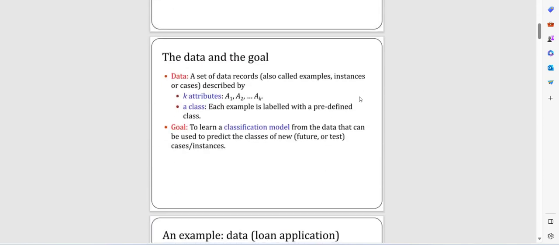The main thing for your machine learning and deep learning, and for your research purposes, is your data set. If you don't know about the data set, you cannot design a machine learning model. If you don't know the attributes, you cannot design a machine learning model. So the main concern is the data set.